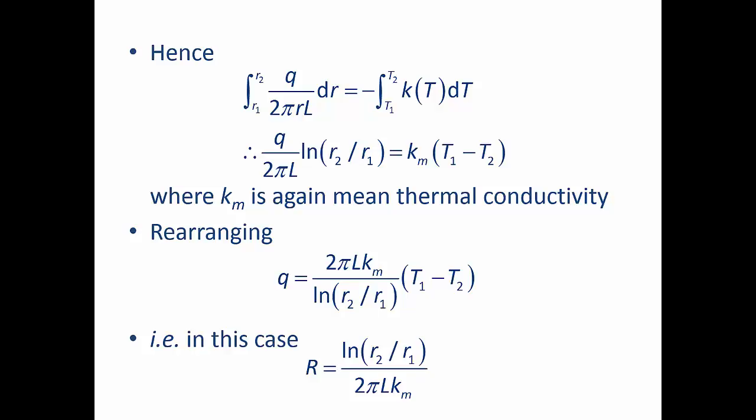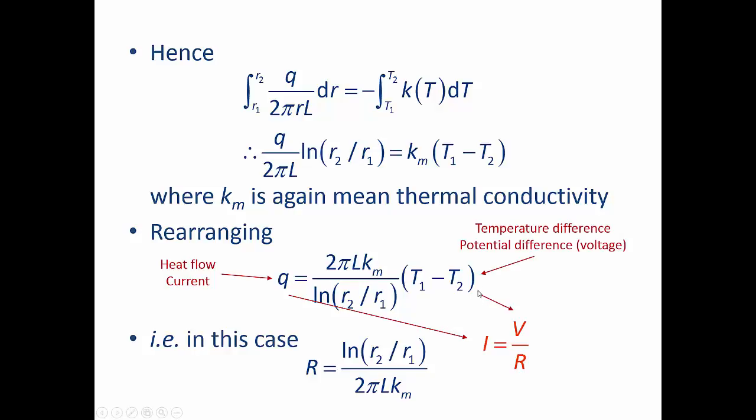Rearranging that equation gives me this expression for q, and once again I can draw a parallel with Ohm's law, where the heat flow is equal to the current I, temperature difference is equivalent to the potential difference of voltage, and the thermal resistance is now given by this expression at the bottom of the slide, and you'll see that it involves the log of the ratio of R2 over R1 rather than a linear difference in position.